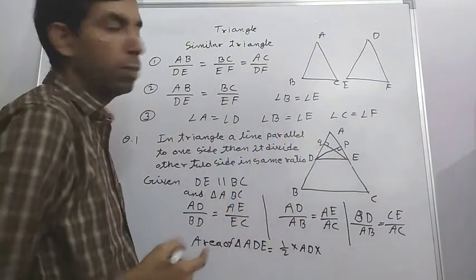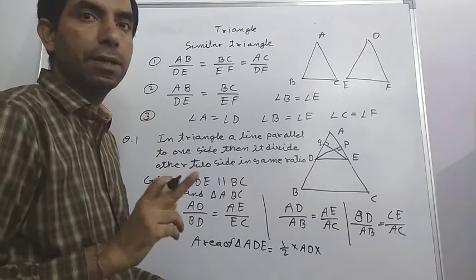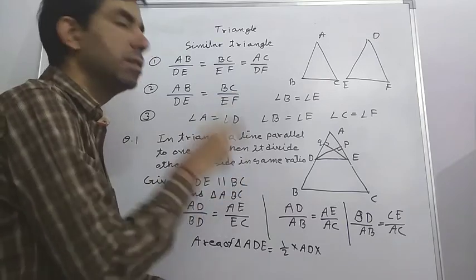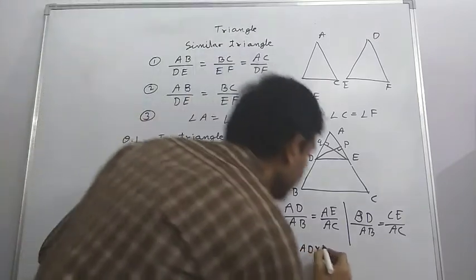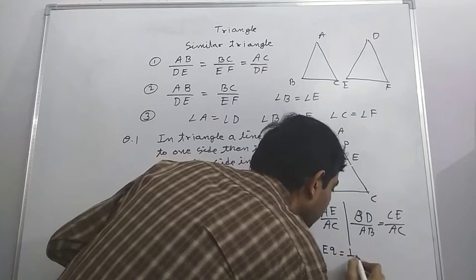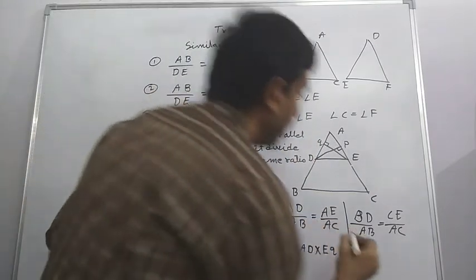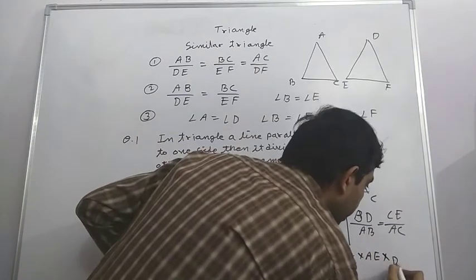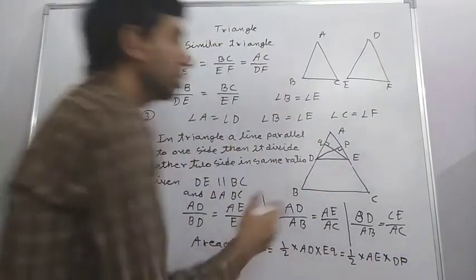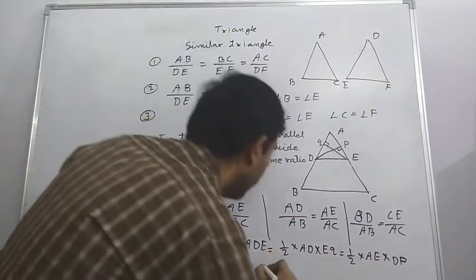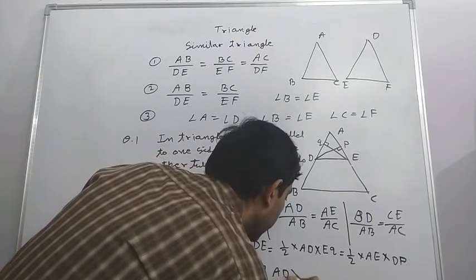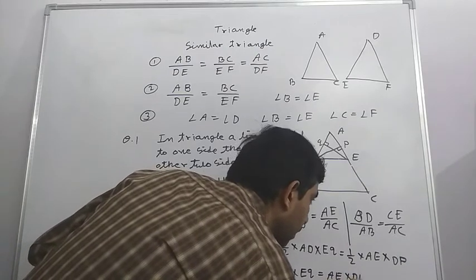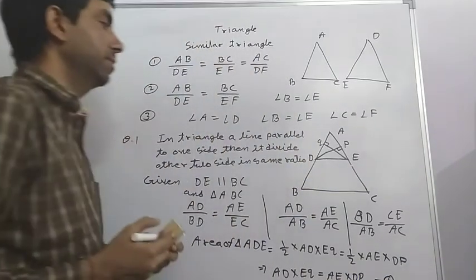Height is EQ for AD, because height is the perpendicular length from the top of the base. If base is AD, then height is EQ. Equal to next, 1 upon 2 AE cross DP. Both sides have 1 upon 2, so we have AD multiply EQ equal to AE multiply DP. It is our first equation.